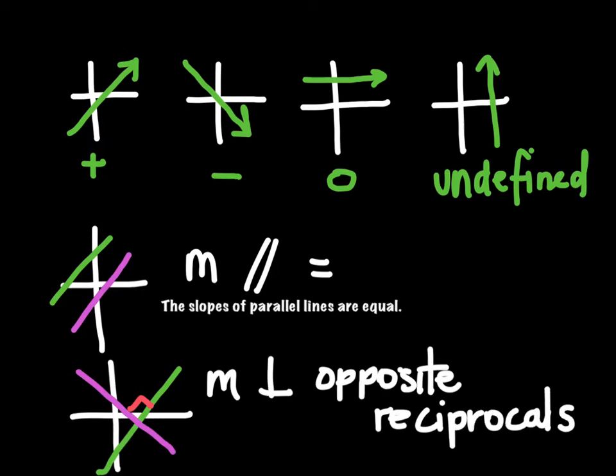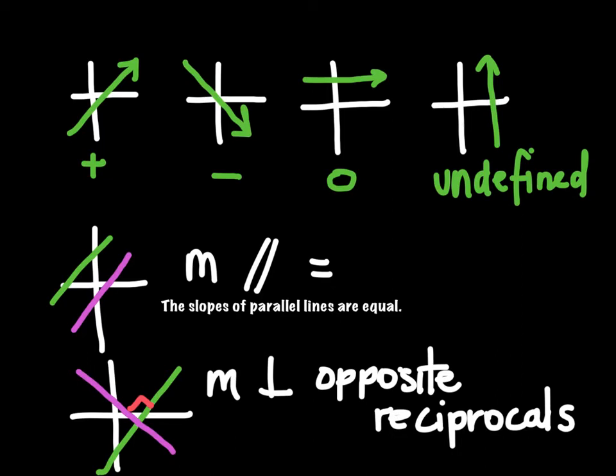So I want to see that you can see this. If you notice, this green line is positive. The perpendicular obviously has to be the opposite sign of the green line. Purple line is negative, green line has to be positive. Opposite. Okay? So opposite reciprocals.